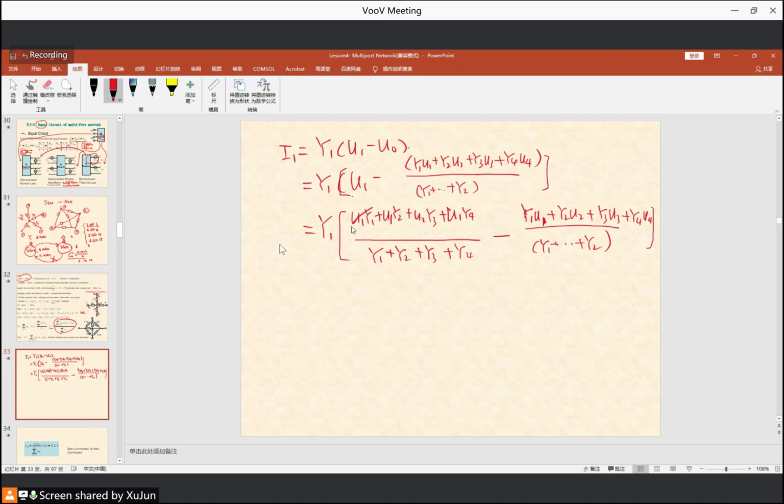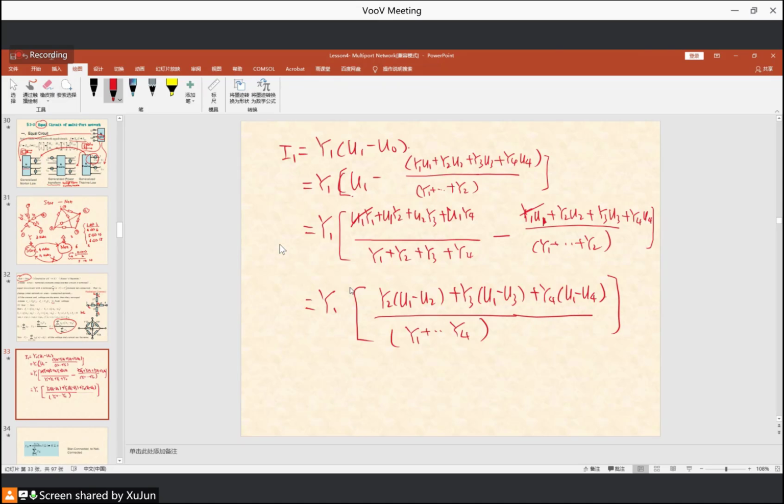The first part will be cancelled. For the left part, it will be Y1 over the sum of Y, with Y2 U1 minus U2 plus Y3 U1 minus U3 plus Y4 U1 minus U4.